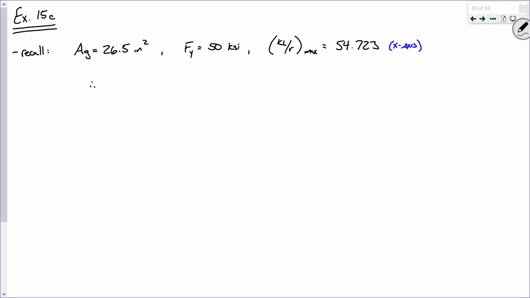So help me out. What is phi F critical for a KL over R of 54 and a phi F critical for a KL over R of 55?